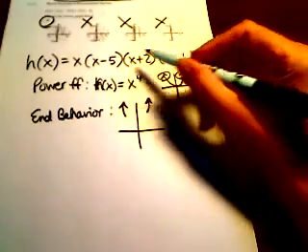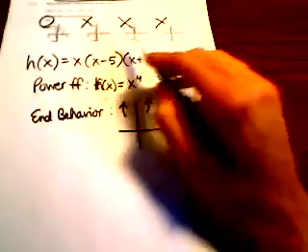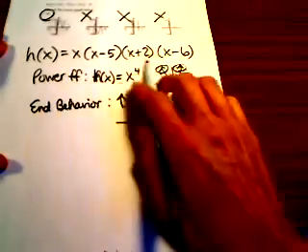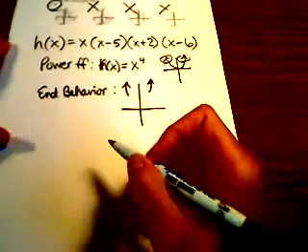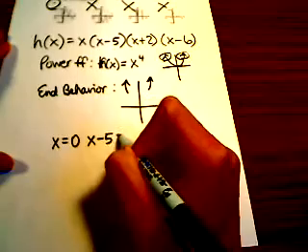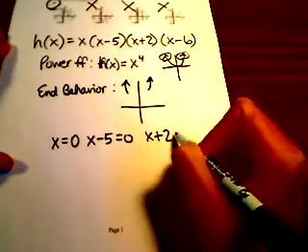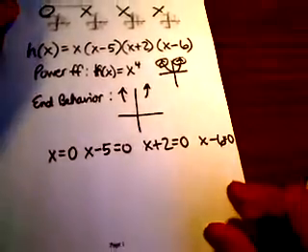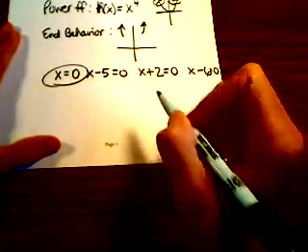But there are other things about this that we could have used to help us determine what's going on with the graph. One thing is we could take a look at the zeros. And so this is already factored for us. If we were to set each of these factors to 0 and then solve, we could find the x-intercepts of the graph. Okay, so there's going to be an x-intercept at x equals 0.